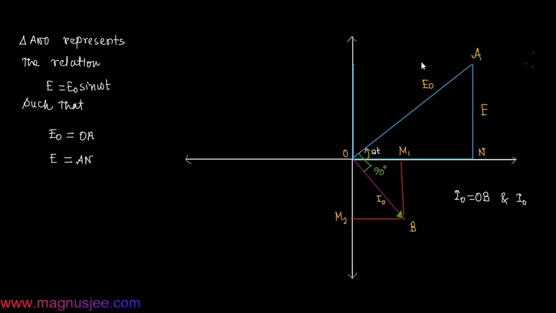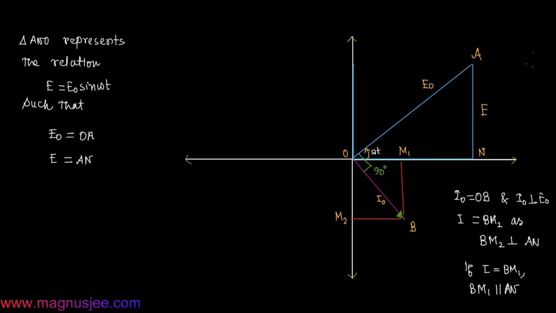As I0 is equal to OB and I0 is perpendicular to E0, the instantaneous current I will be equal to the perpendicular BM2, because BM2 is perpendicular to the perpendicular AN of the larger triangle ANO.